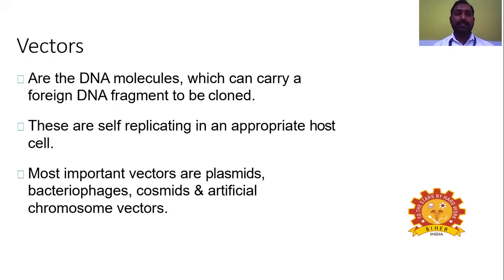Generally the vectors should be self-replicating, which is more important, because we are going to insert that vector molecule into the host cells, and the host cells provide a sufficient environment for the vectors to replicate and produce the proteins efficiently. Examples include plasmids, bacteriophages, cosmids, and artificial chromosome vectors.